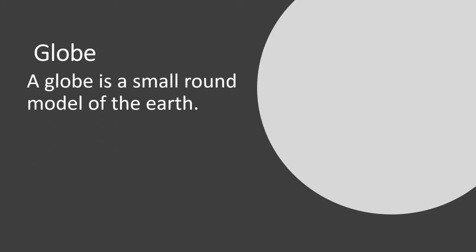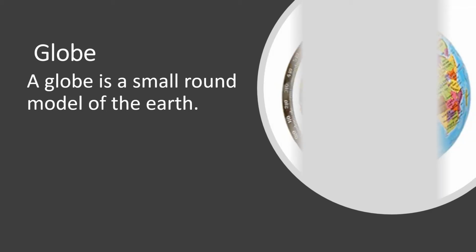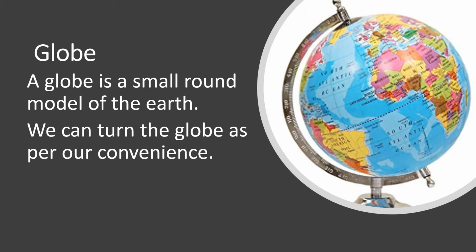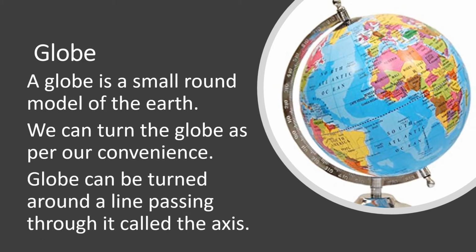Let's learn about the globe. A globe is a small round model of the Earth. We can turn the globe as per our convenience. The globe can be turned around a line passing through it, and it is called the axis.